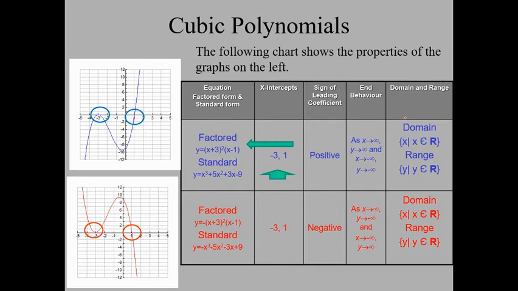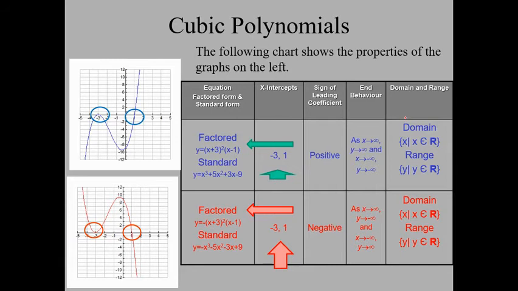And again, your domain and range for these are all real numbers. All right, let's look at the next one, and we're still looking at the same x-intercepts. You still have x plus 3 squared and x minus 1, but the leading coefficient is negative, so there's a negative in front of your x cubed.